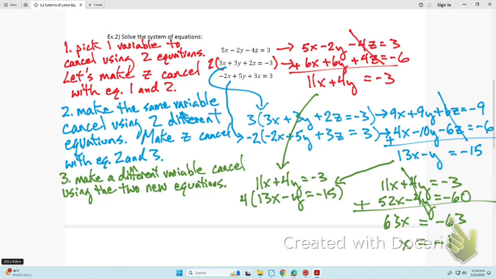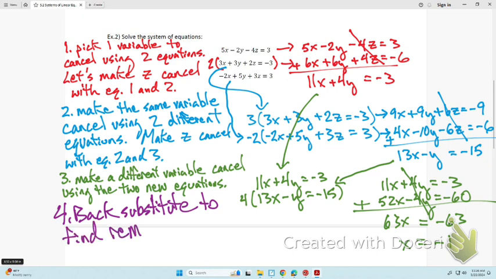Now let's do the last step, the easiest step, back substitute, to find remaining variables. So I'm going to plug -1 into either the blue equation or the red equation.